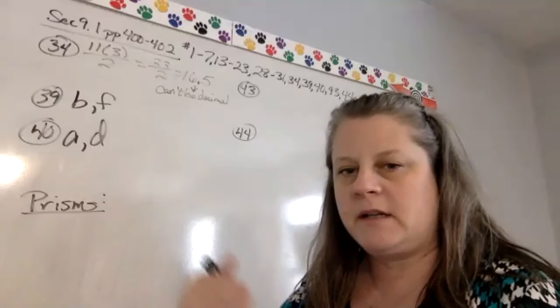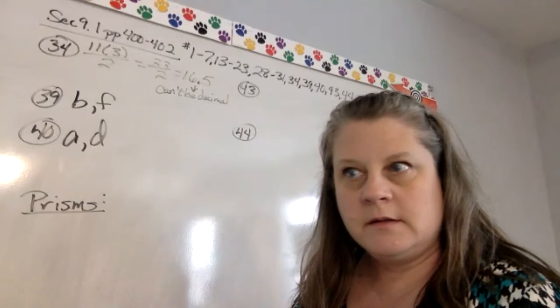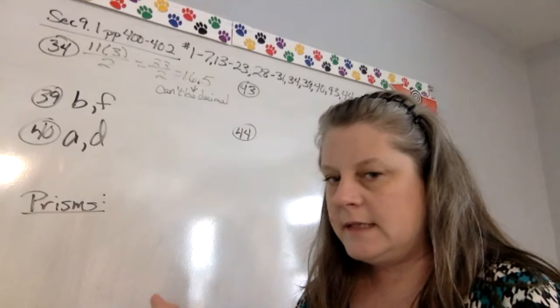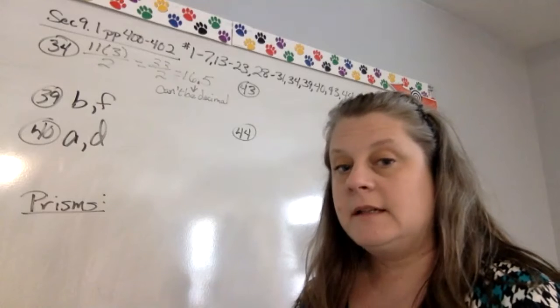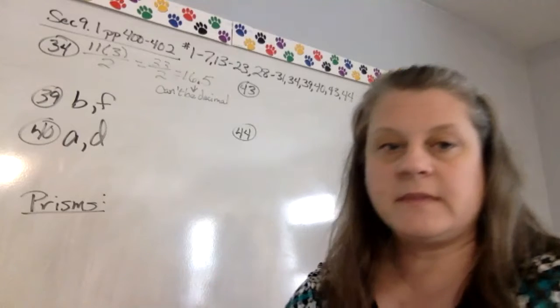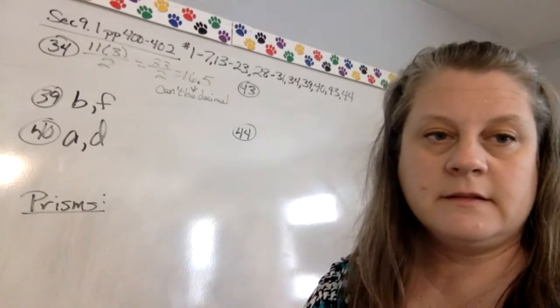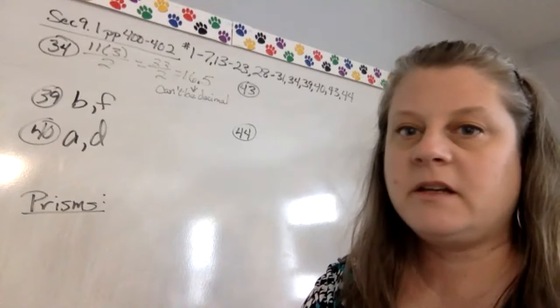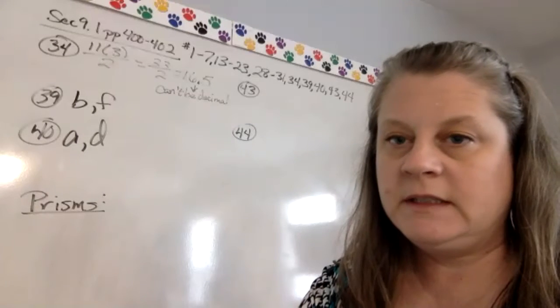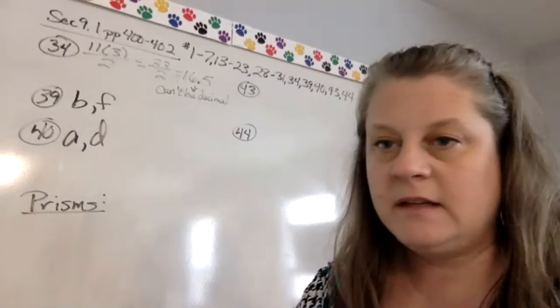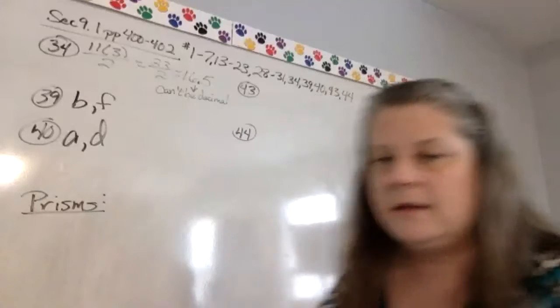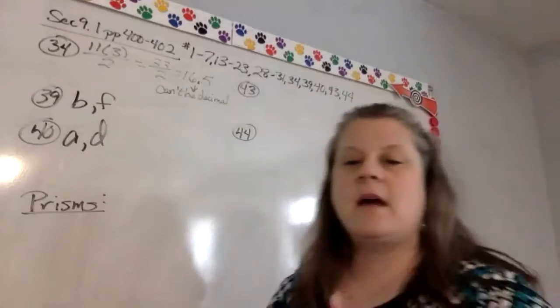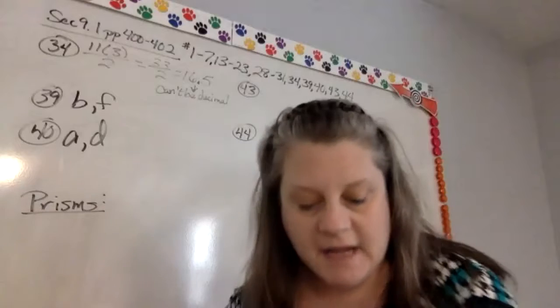1 would be opposite of what? 6, because 1 plus 6 is? All I'm asking you to do is add, people. That's it. 7. The numbers that are on opposite sides of the die.